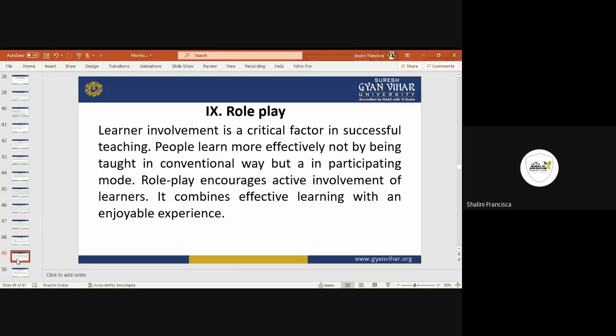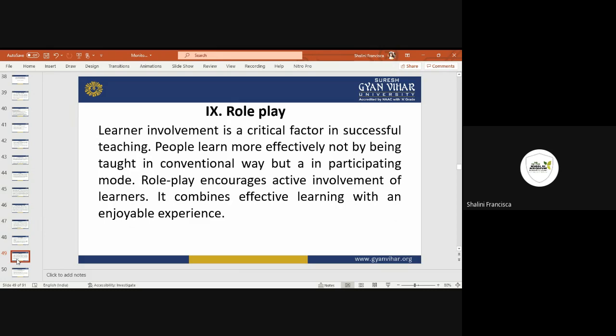So the word role play tells that the person is playing, getting involved in the practical practices of the program, and then trying to understand, being a person in that particular situation.